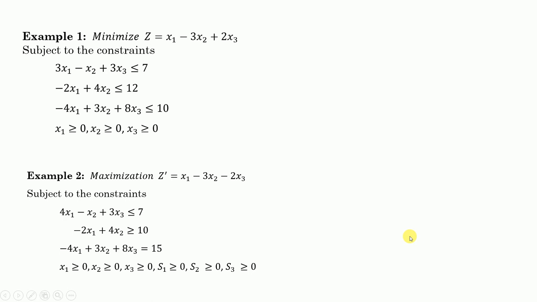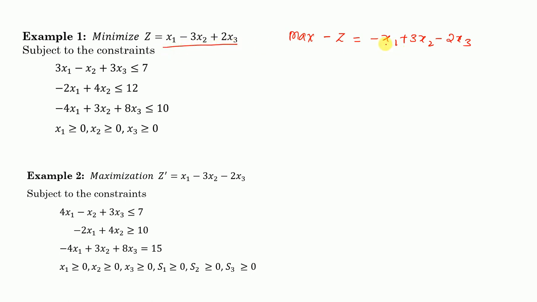Now look at some example. So first example is a minimization z equals x1 minus 3x2 plus 2x3. So here we can write it maximize minus z, this equal to minus x1 plus 3x2 minus 2x3. So we have multiplied this equation with minus 1.